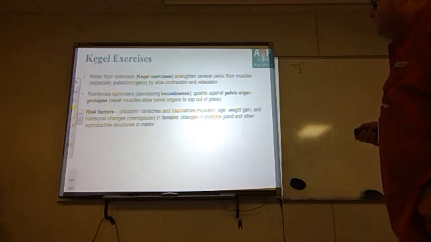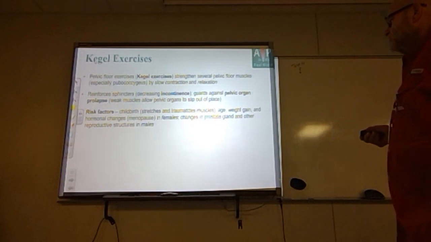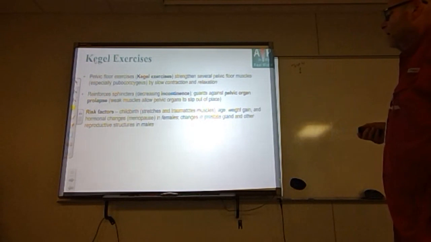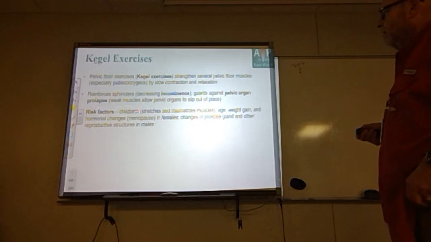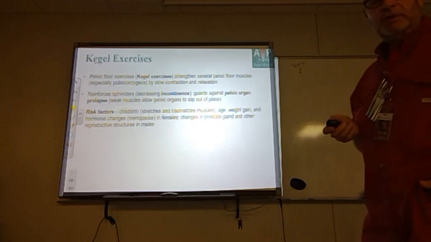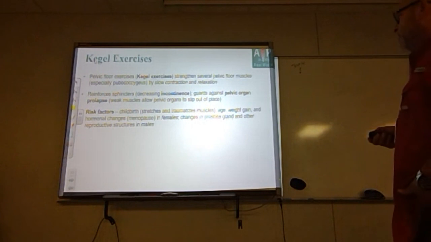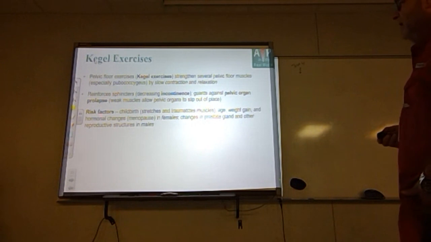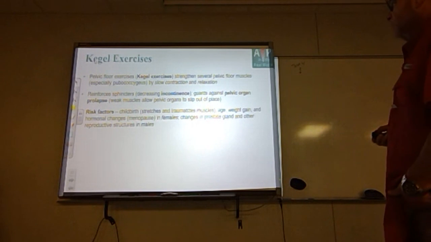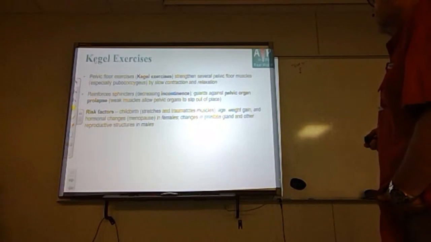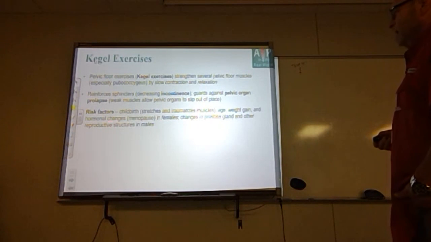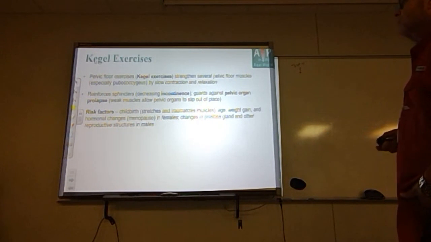Risk factors: childbirth stretches and traumatizes muscles, and the more children you have, the more likely this is to happen. Age, weight gain, and hormonal changes such as menopause in females, and changes in the prostate gland and other reproductive structures in males.